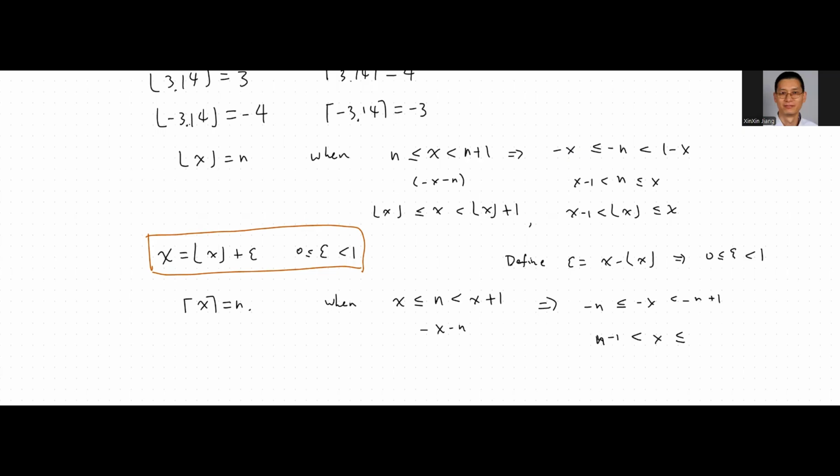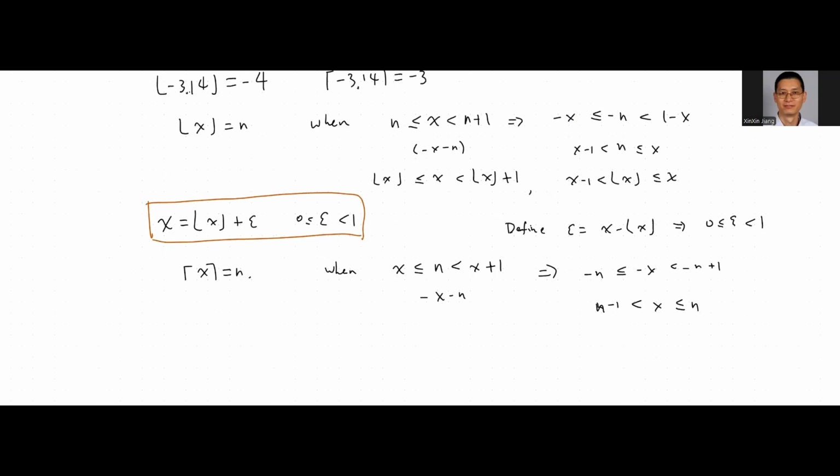So you have that. This n is our ceiling. So you can rewrite it as the ceiling of x minus 1 is less than x, less than or equal to the ceiling of x.